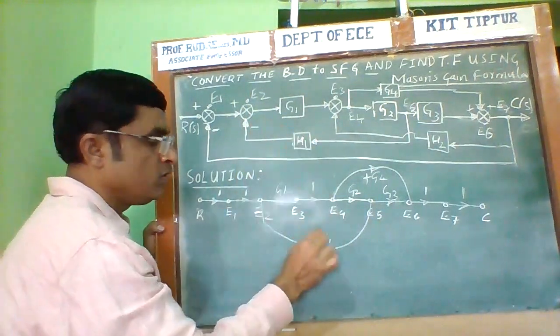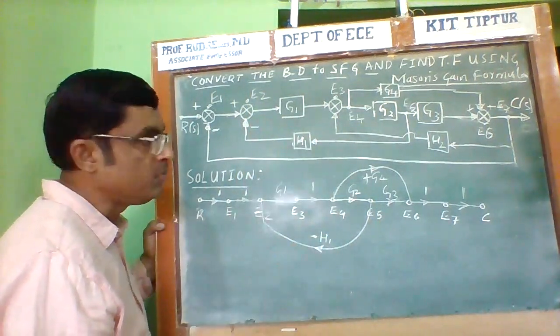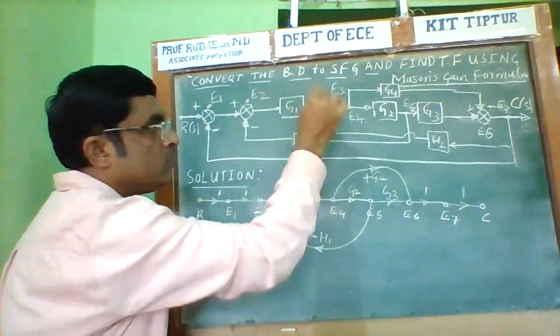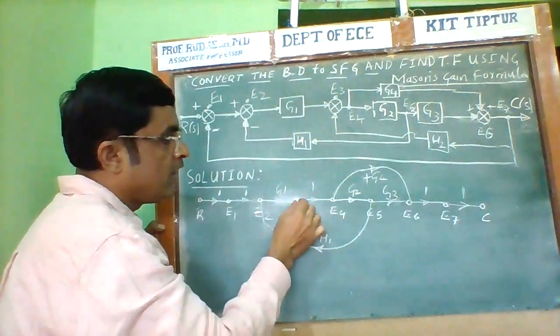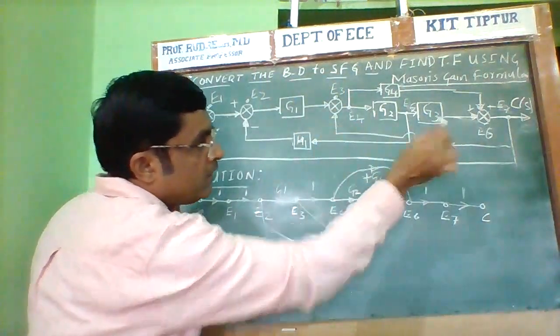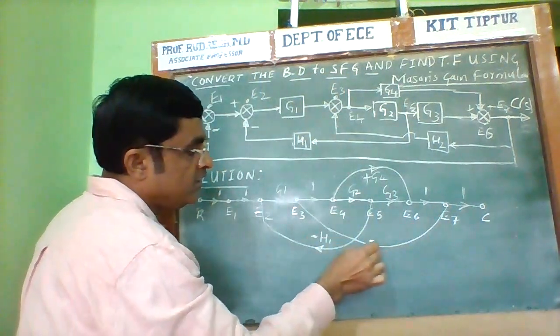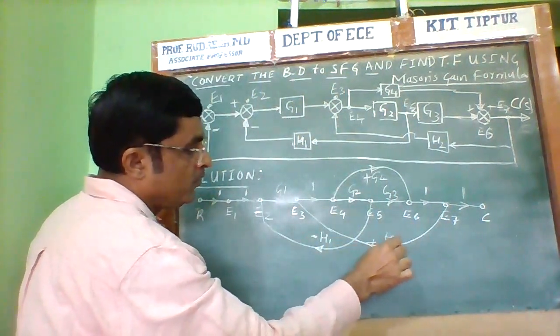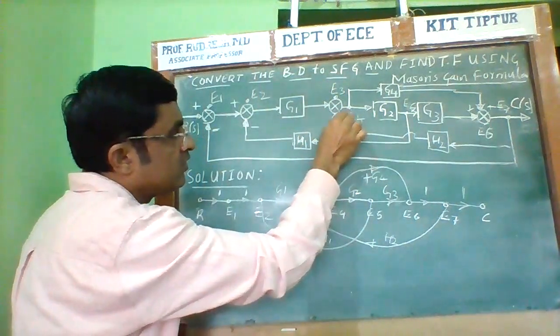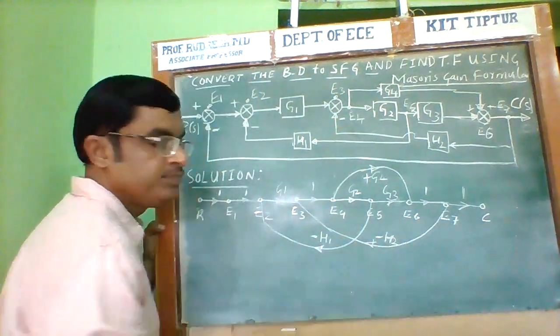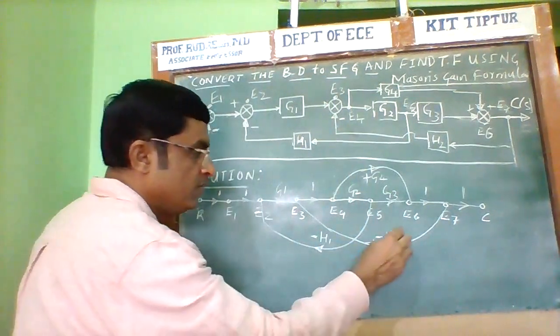Similarly, H2 is a feedback path between E3 and E7, and the gain H2 along with the sign is negative. Therefore, here I should write negative. This is H2.